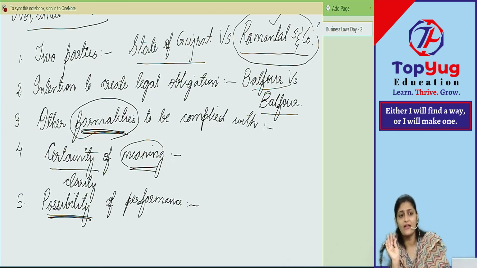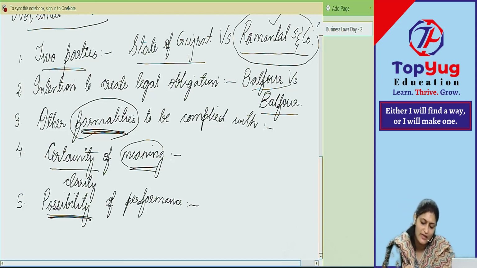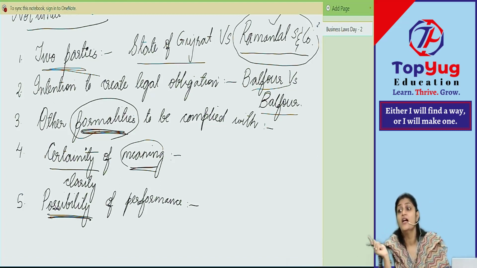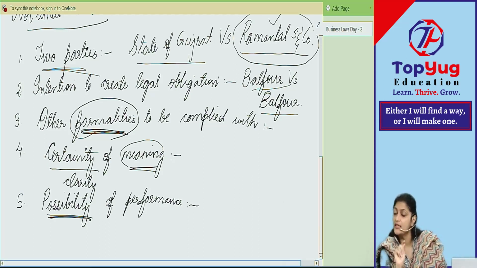So, not given under section 10, did you understand what are the essential elements for an agreement to become a contract? In an agreement, what is to be present? Obviously, there have to be at least two parties. In an agreement, there has to be always an intention of creating a legal relationship. In an agreement, if there are any formalities which are required to be complied with, you should comply with those formalities.